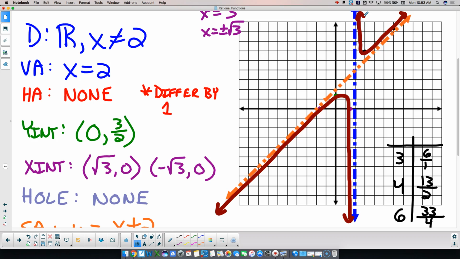From that, if we needed to, we could give end and asymptotic behavior. Don't pack up yet. Do not pack up yet. What would the end behavior be for this one? I'll start you out. As x goes to positive infinity, where does my function go?